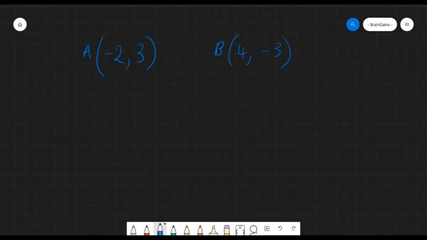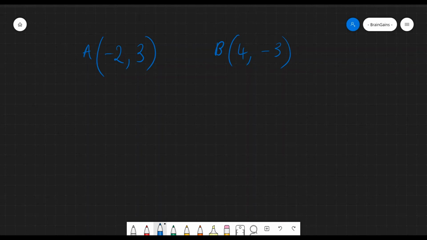Now, let's take a look at an example where we are given two coordinates and we are told to find the equation of the line that goes through both of these coordinates. In this case, we're not able to choose our coordinates, and we're also not able to read off the graph to find our y-intercept, so we'll have to do a little bit more work. To find the gradient, we do the same thing.